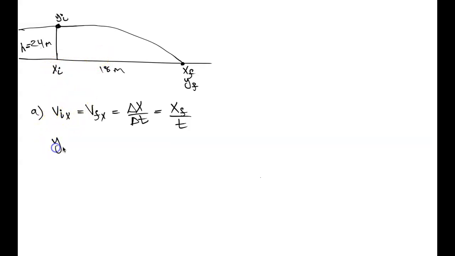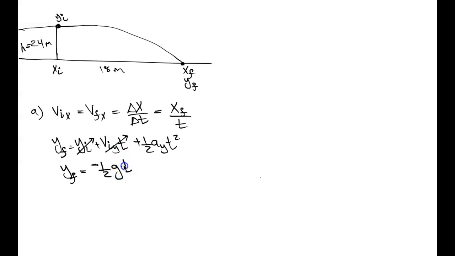We know that y final equals y initial plus v initial y times t plus 1/2 a sub y t squared. And if we take y initial to be 0, and since the stone is thrown horizontally, its initial y component of velocity is going to be 0, so we know that y final equals negative 1/2 g t squared.